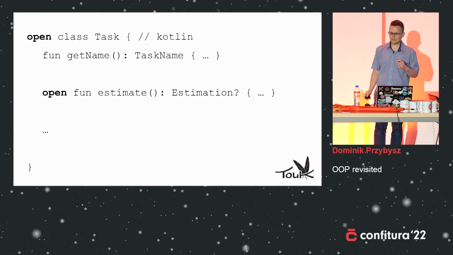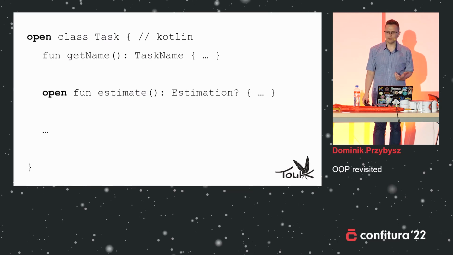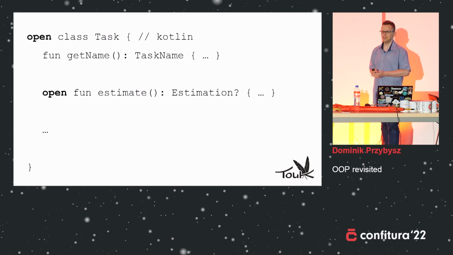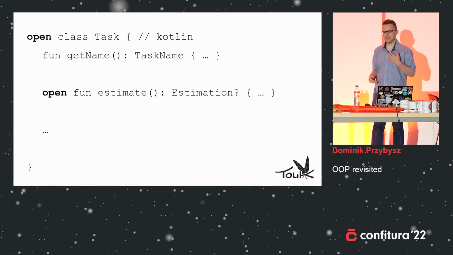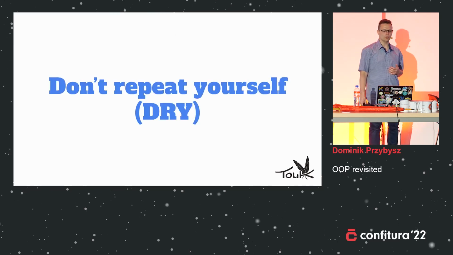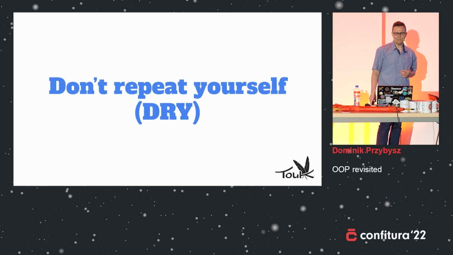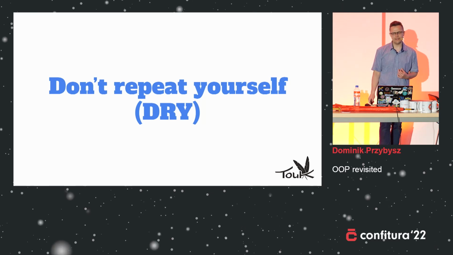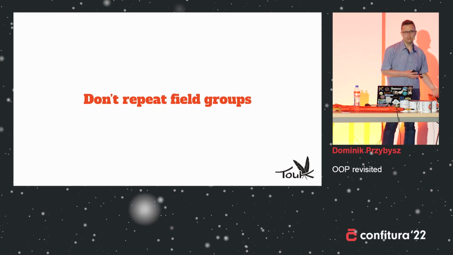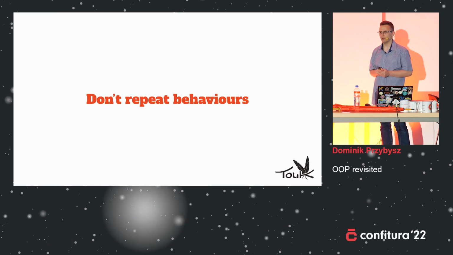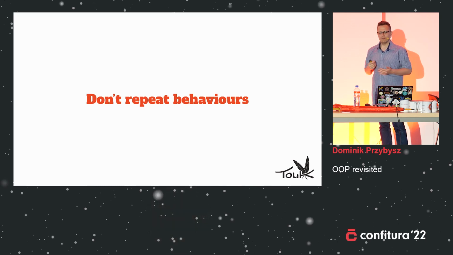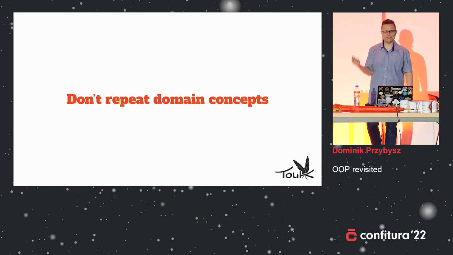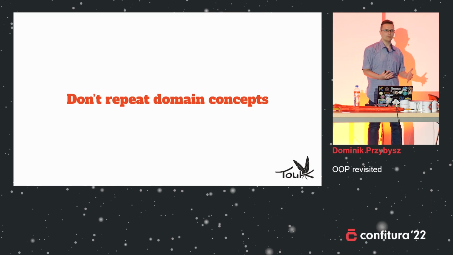And I often ask myself a question: why do we still use inheritance so often in our code base? I think it's because we know the rule called don't repeat yourself. And we very often think that this rule is about not repeating field groups. Maybe it's not about repeating behaviors, but something deeper, because the whole idea is about not repeating a business concept.